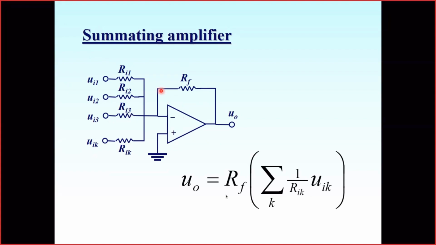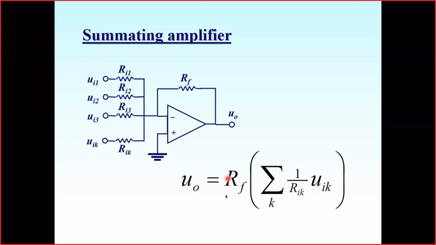The positive and the negative all add together and flow through the resistor RF, the feedback resistor. And that's why the output voltage will be equal to the feedback resistor times the sum of all the currents, and every current is calculated as the input voltage divided by the corresponding input resistance. I forgot the minus here, of course.